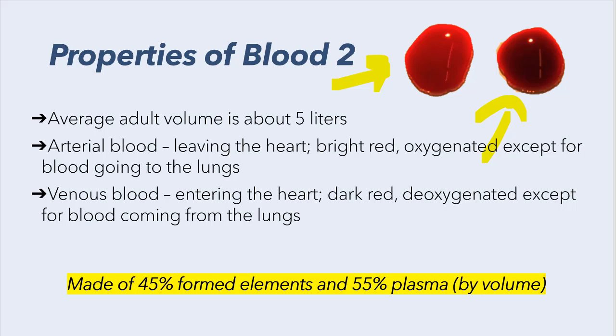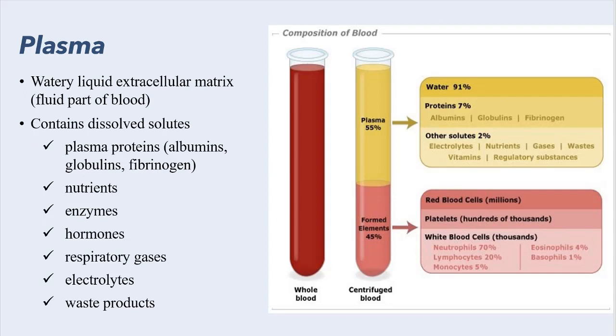So let's focus on plasma next. We know that this is the watery component of the blood, but it does have dissolved solutes and nutrients, as well as hormones, enzymes, gases, and the rest. Blood is around 55% plasma. And when we focus on plasma itself, it's mostly water, and specifically around 91% of plasma is water. The rest are proteins and solutes, but we definitely see more proteins here.